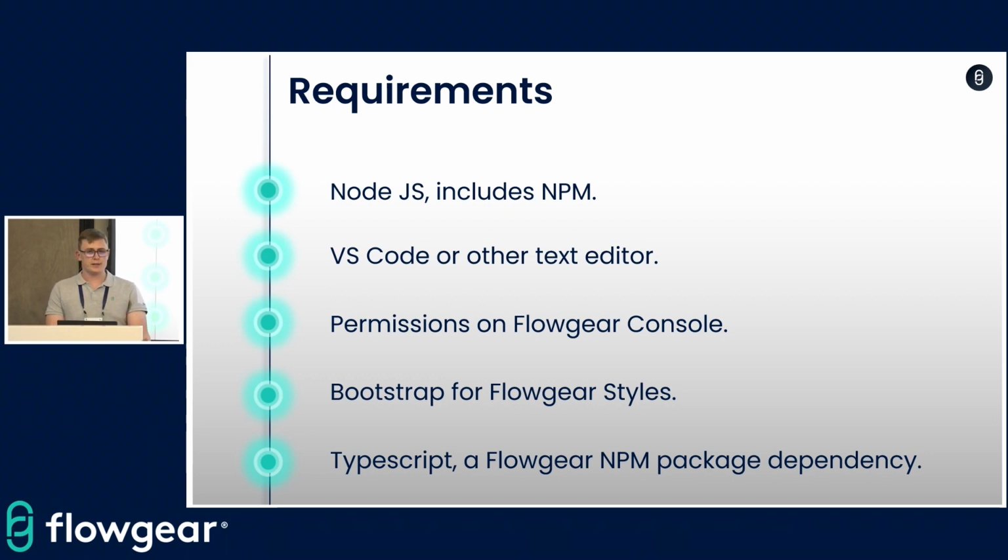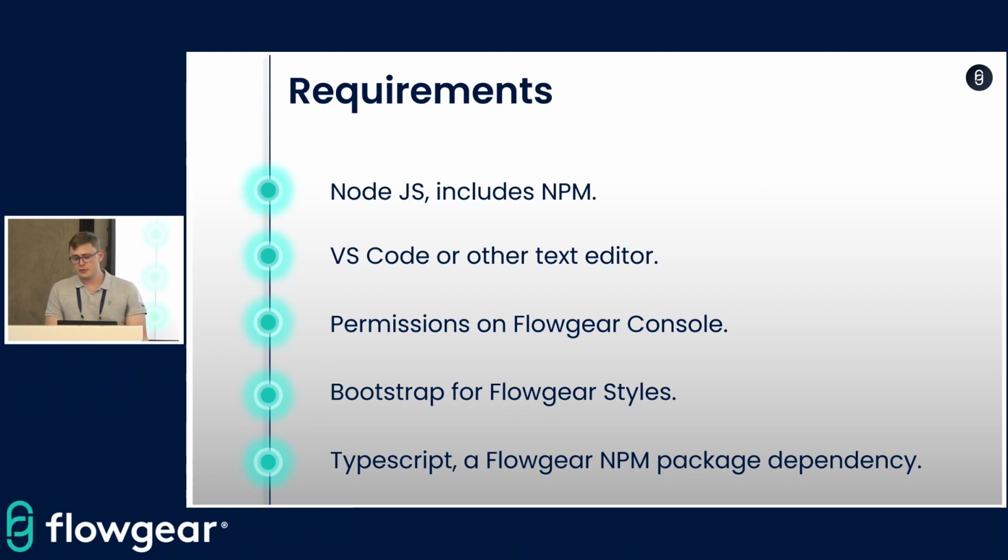You also require some permissions on the Flowgear console. You would require permissions to be able to upload and publish your web app. You'll also need certain permissions on the workflows that provide that business logic. Carl will show you that in a bit. We also require Bootstrap for styles.